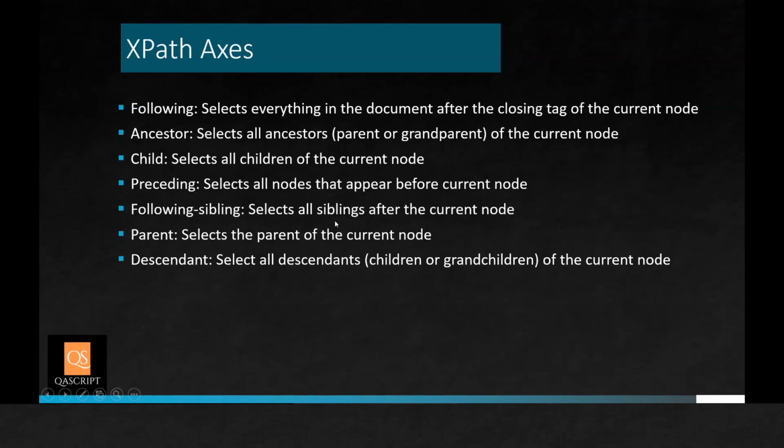So these are basically all the different access methods which are present in XPath. And as I said, these are based on the relationship of one element with the other elements, through which you can identify elements which don't have any particular attribute or unique attributes.